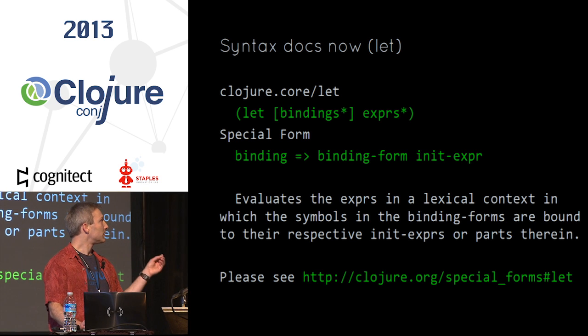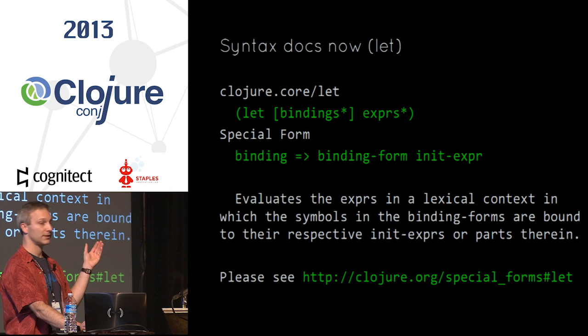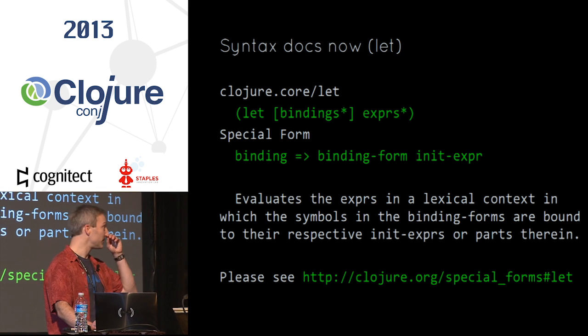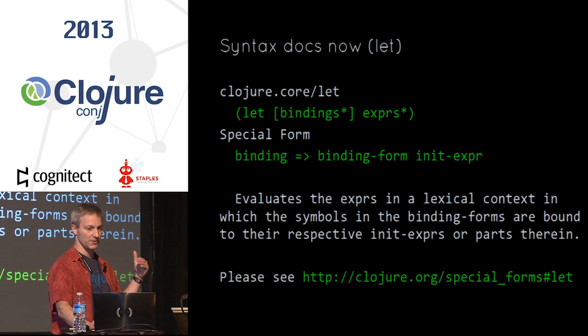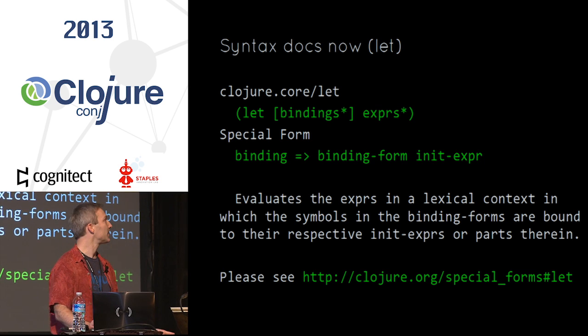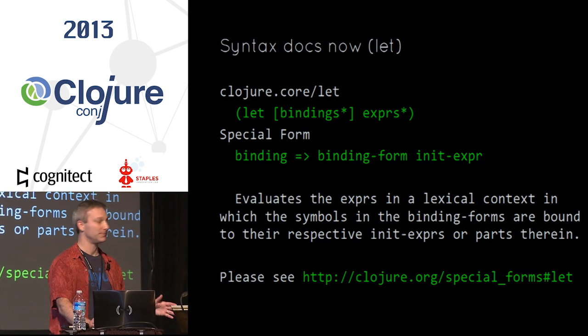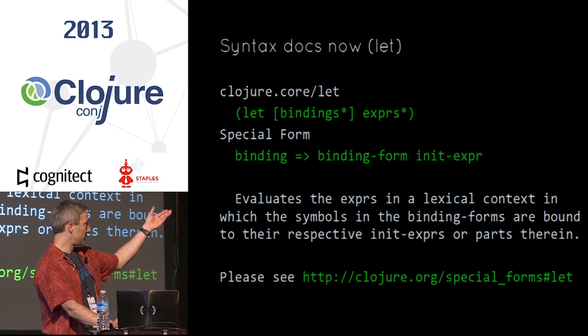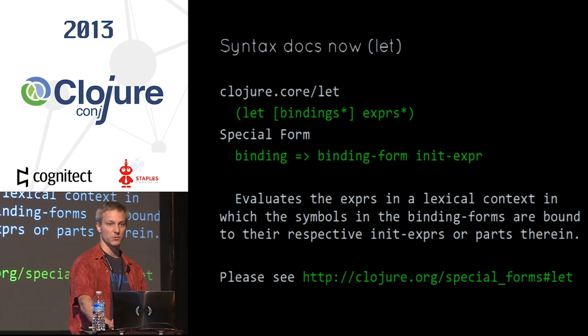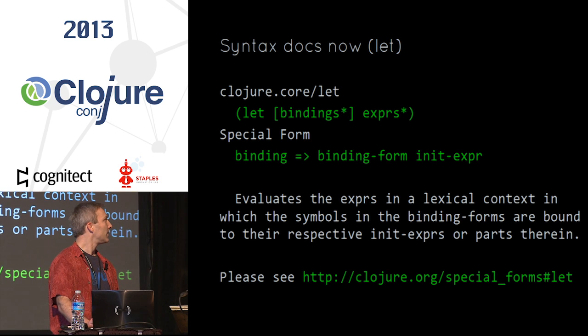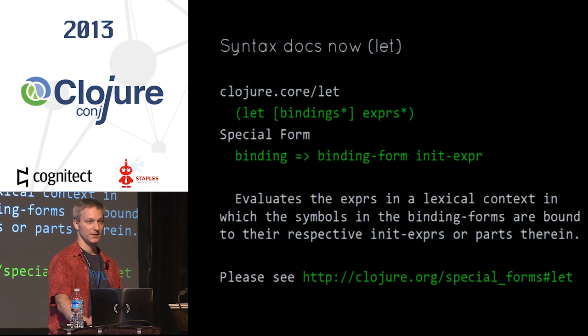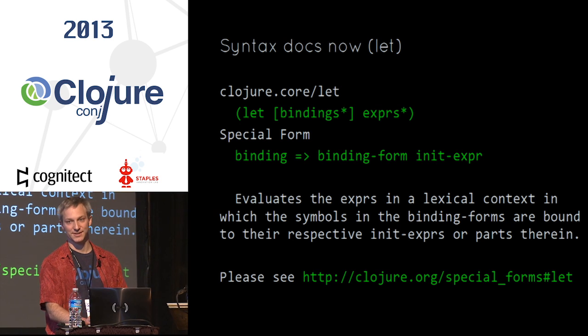Okay, so I highlighted the syntax parts of the let doc string. They're all in green. First of all, I want to mention that it's handwritten. Second of all, it's not complete. We have let, which is going to have zero or more bindings inside of square brackets. And then the binding form is missing from this syntax documentation.